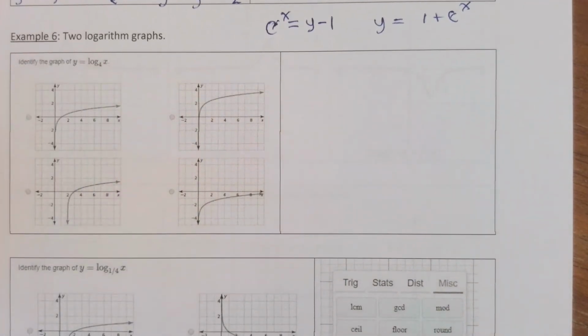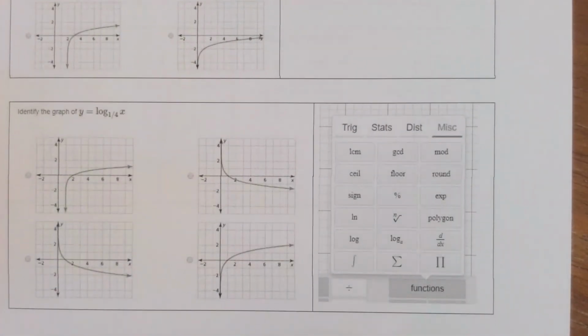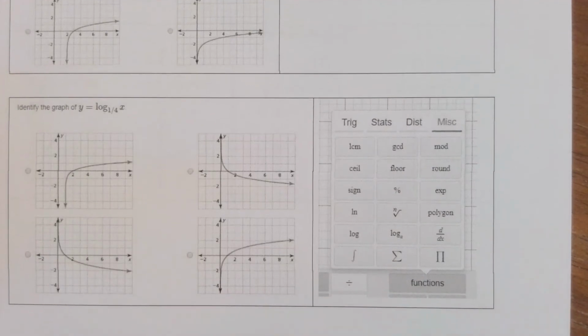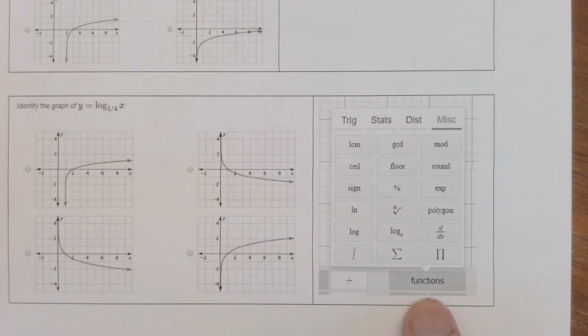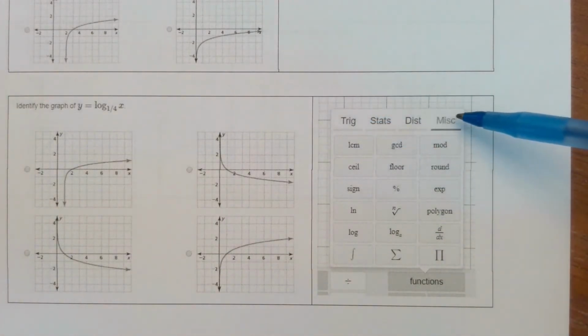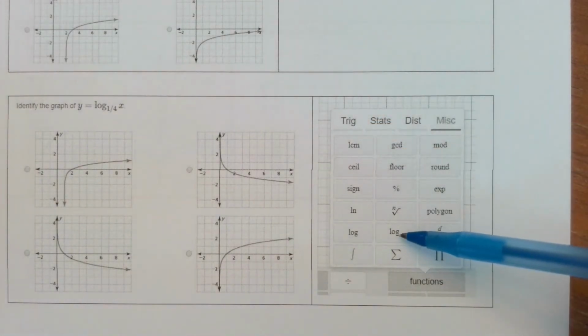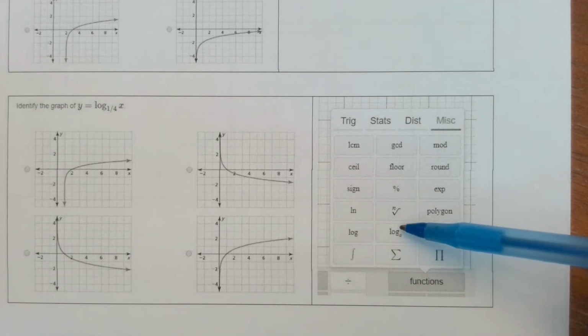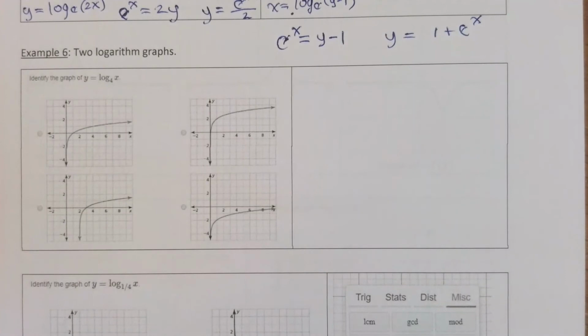The way you enter it, by the way, is there's a little calculator button, and there's an option for functions. When you hit the functions button, there are 3 columns. Go to the miscellaneous column, and you'll see base a log right there. So you can put a base 4 log into Desmos, and it'll pick out the correct graph for you.